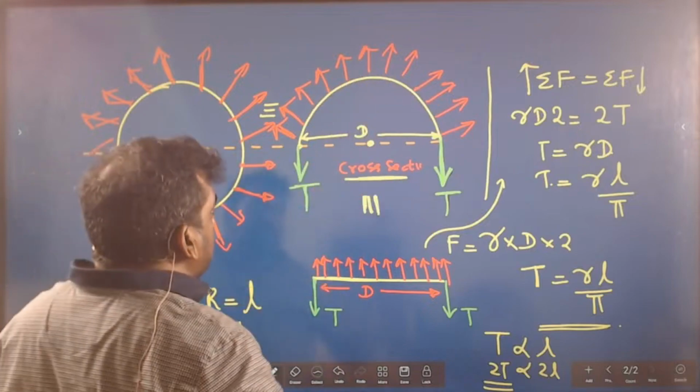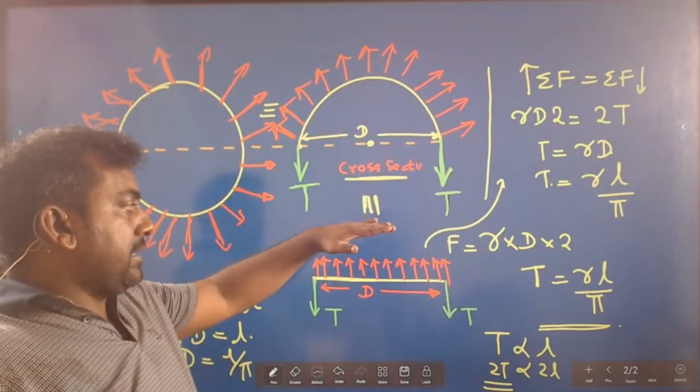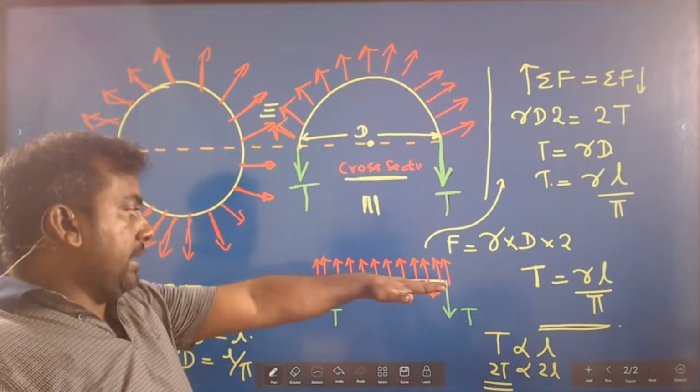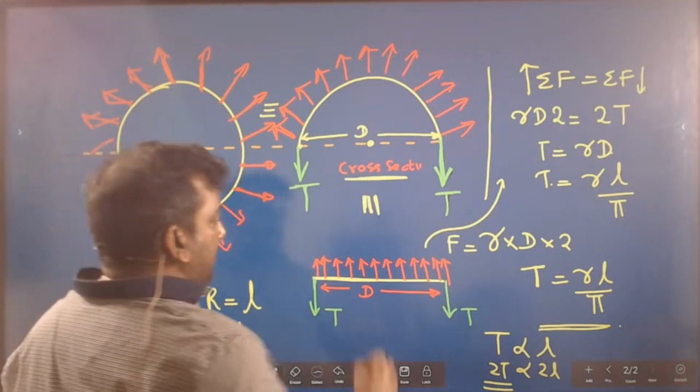The surface tension force on the semicircle is mathematically similar to the surface tension force across the diameter.